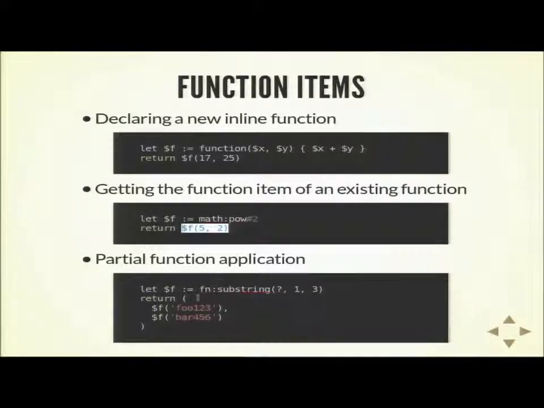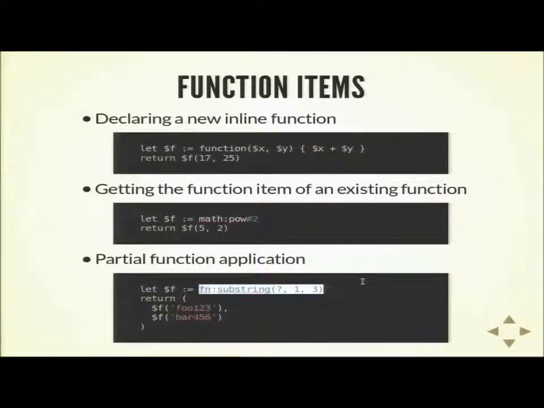A third thing you can do is called partial function application. Here you see that I'm identifying an existing function. I'm using a question mark for the parameters that I want to actually pass in. And I'm passing it constant values for the other parameters. What that means is when this is called, the second and third parameters are going to be 1 and 3 respectively.